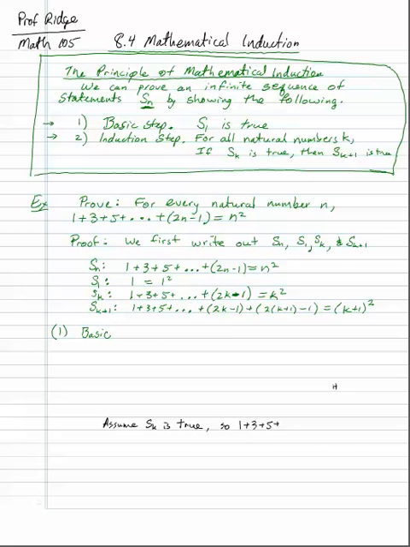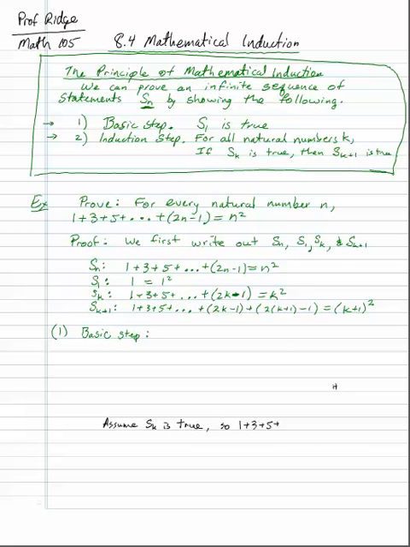Then the space between every domino has to be less than the size of the domino, so that every domino will hit the next one. If you knock down the first domino, you create a chain reaction and it knocks down all the dominoes. So the first step is to say we can knock down the first domino. That's why you have to prove that S sub 1 is true.